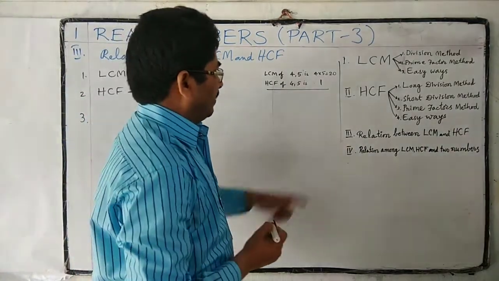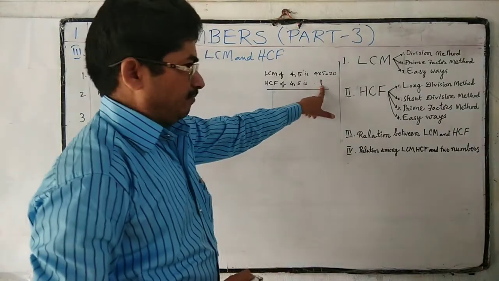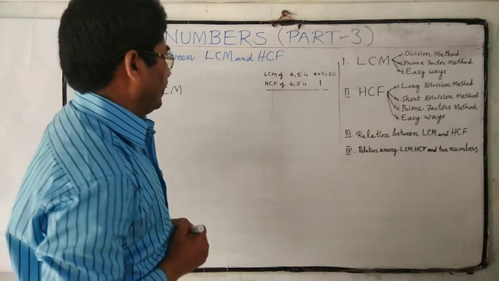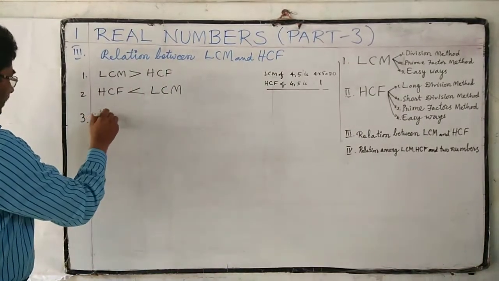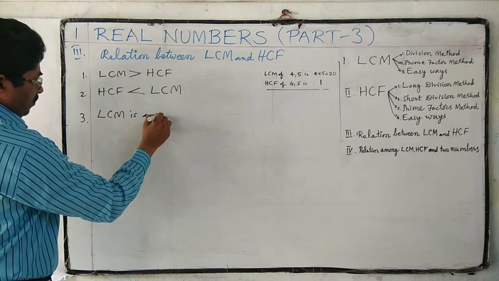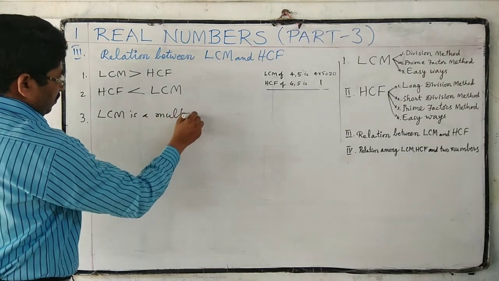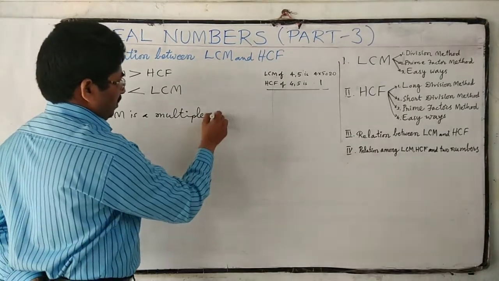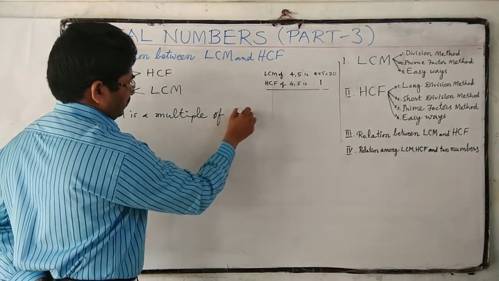LCM is a multiple of HCF. So 20 is a multiple of 1. So LCM is a multiple of HCF.